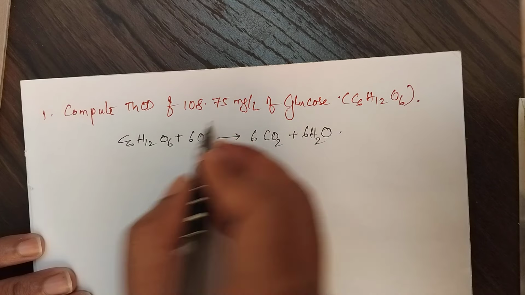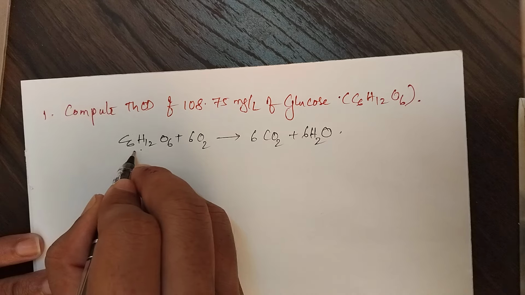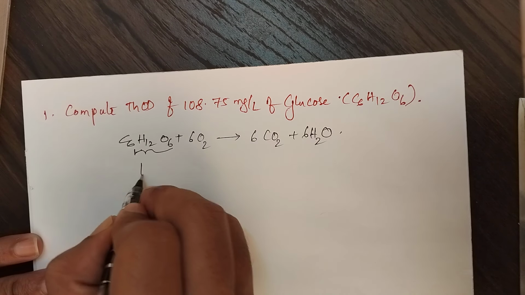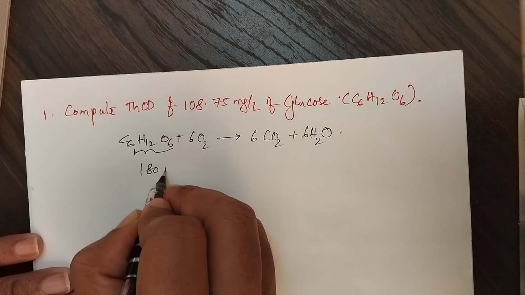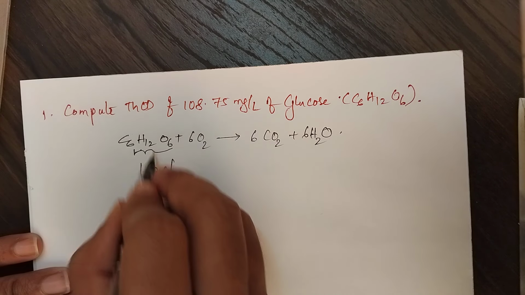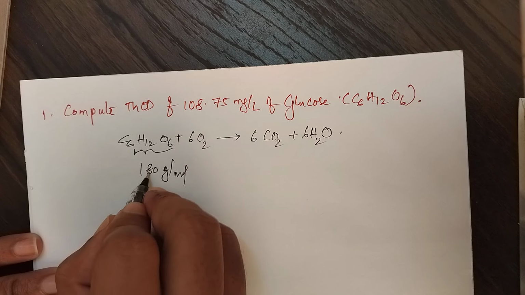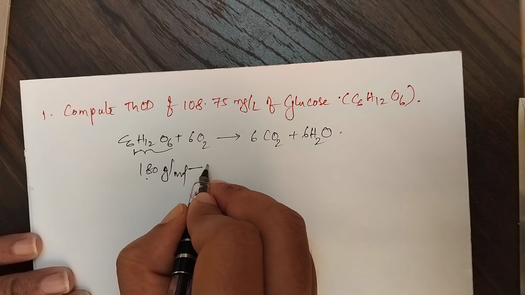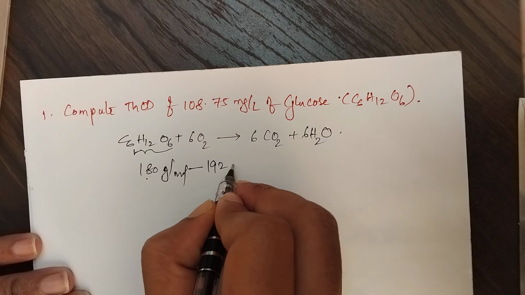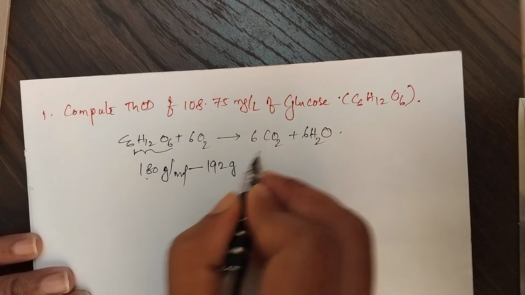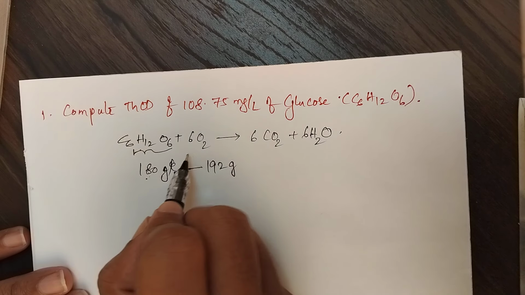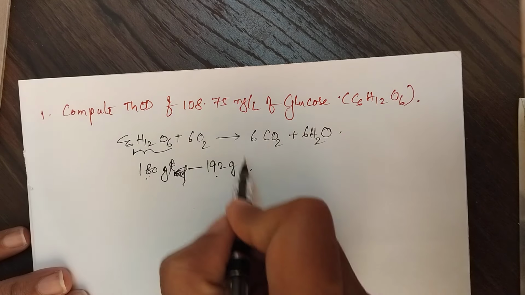So we know the C6H12O6 molecular weight is 180 grams per mole. Then this 180 grams consumes 6 moles of oxygen, that is 192 grams. 180 grams of C6H12O6 consumes 192 grams of oxygen.